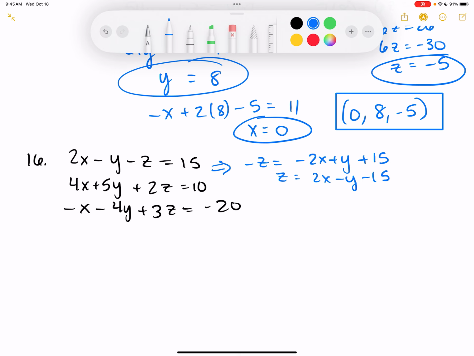So I'm going to plug it in to, yeah, I don't really ever use the substitution method because I think elimination's easier, but I'll try to show it at least once. Negative x minus 4y plus 3 times 2x minus y minus 15 equals negative 20.